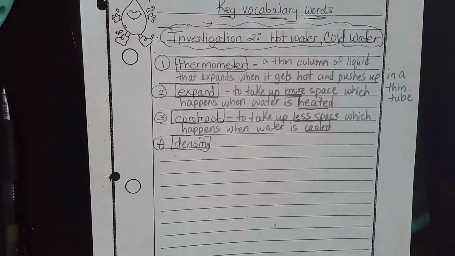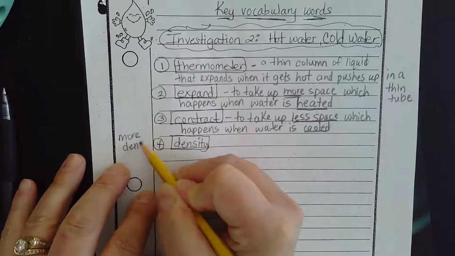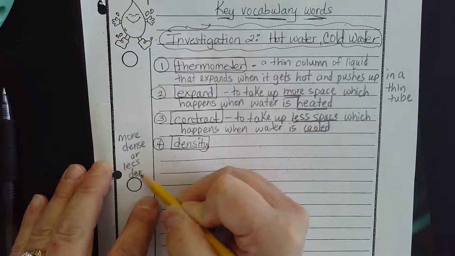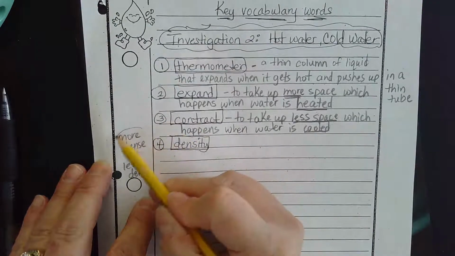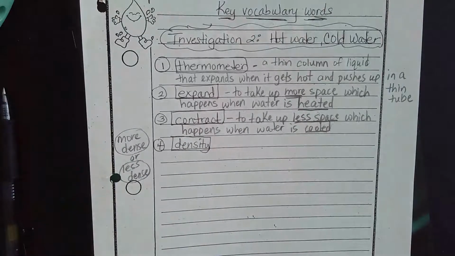The next word that we're going to look at is the word density. You're going to hear me say more dense or less dense. Okay, you're going to hear those words quite a bit as we do this second investigation. Density is how much space an object takes up, its volume.